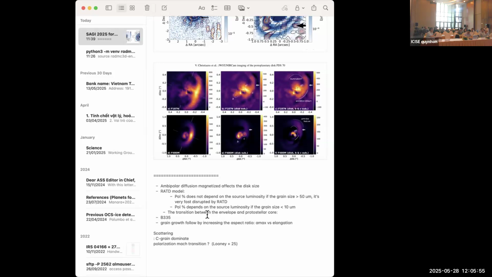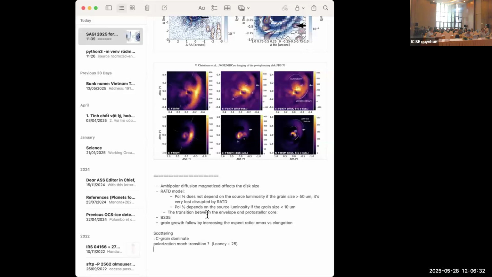The second signature is the wavelength-dependent polarization angles. Self-scattering is very sensitive to the wavelength, assuming that the maximum size is the same. If the polarization angles are the same across several wavelengths, that means the polarization is produced by alignment, because aligned grains can emit the same polarization at several wavelengths.